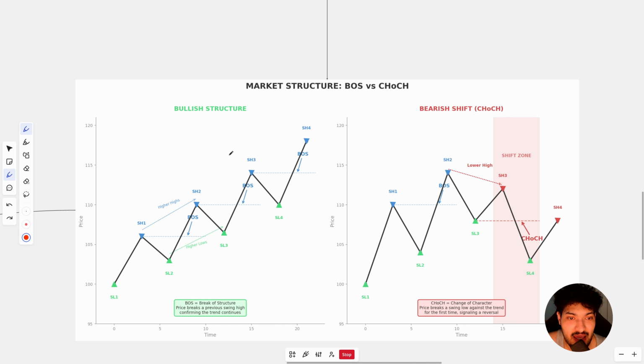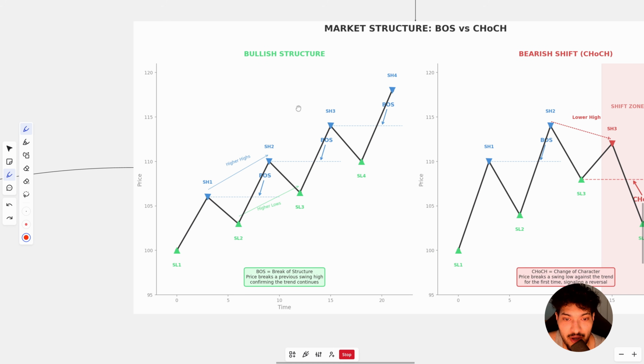So let's look at a bullish structure example for a break of structure. You can see right here, a break of structure is when price breaks above a previous swing high, which confirms that the trend is continuing. Let's assume we have this overall market trend in this picture.